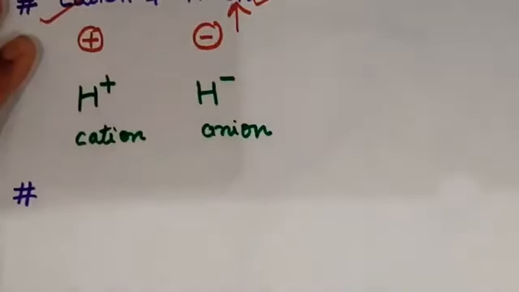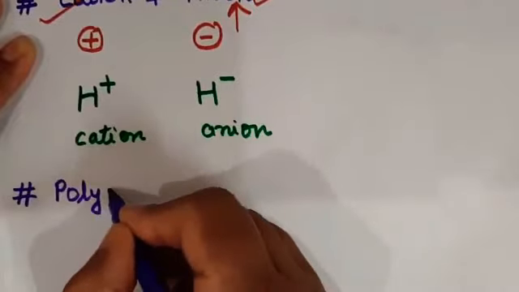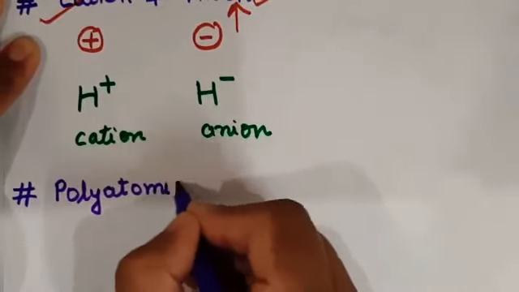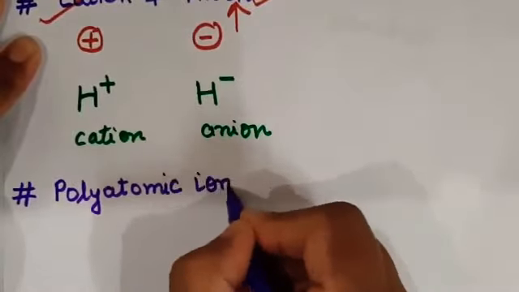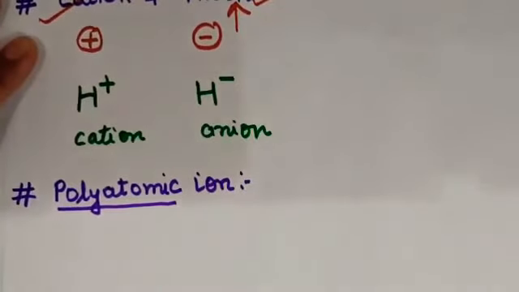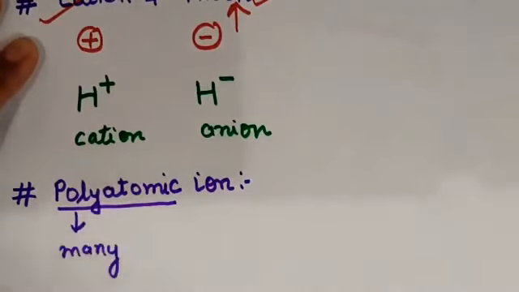Okay, now students, there is one more important term here. What do you mean by polyatomic ion? Poly means many. Atomic means atoms, and ion means charge.